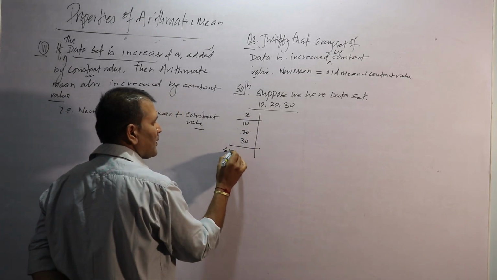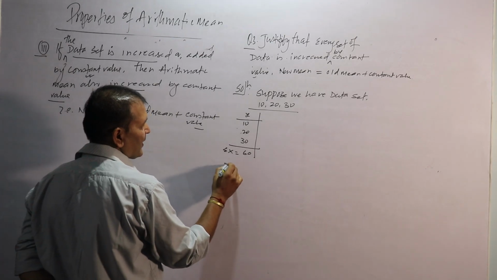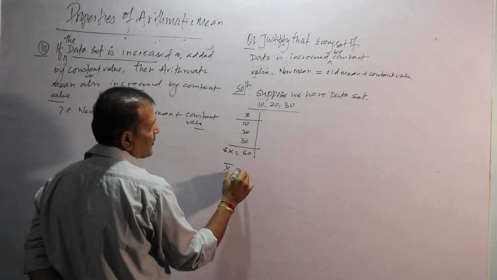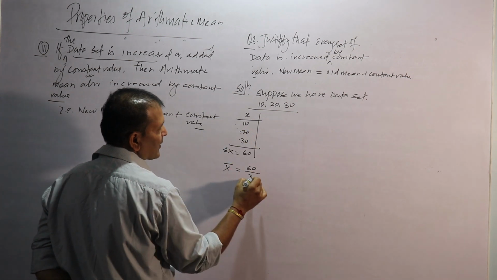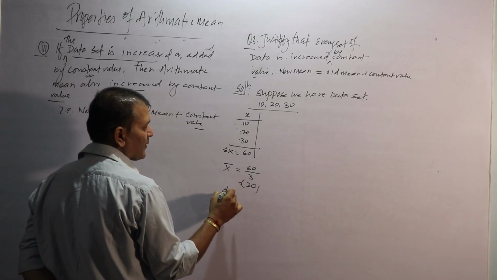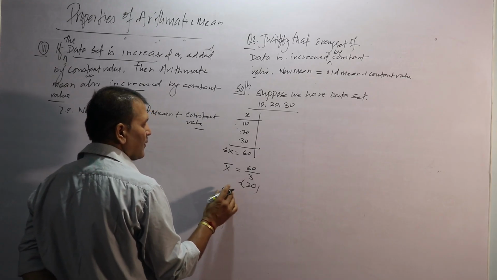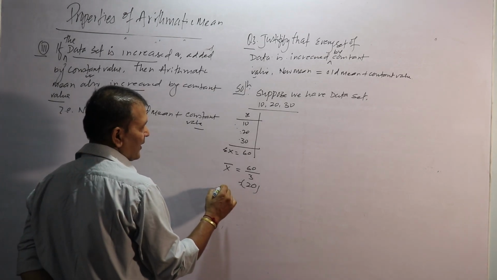We can calculate the summation of x, which is 60. And we can calculate the mean. Mean is equal to 60 by 3, so 20. This is the old mean, the mean of the original data.